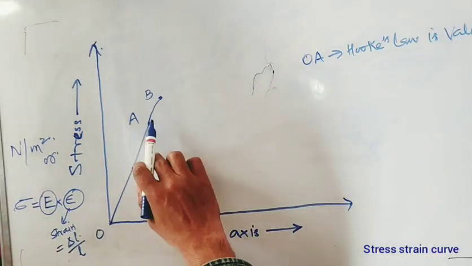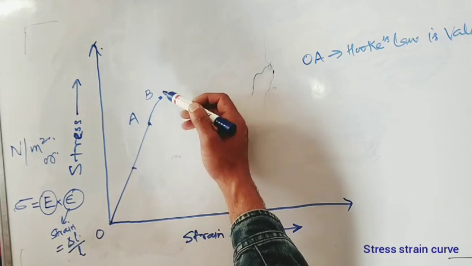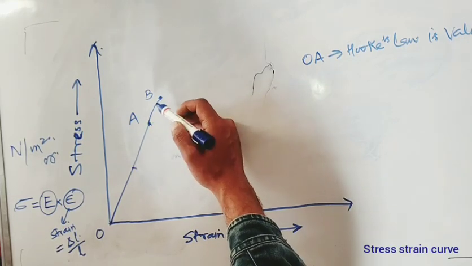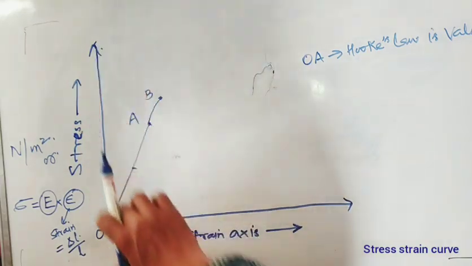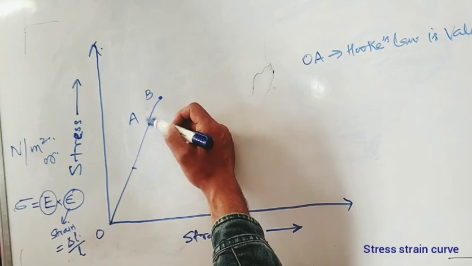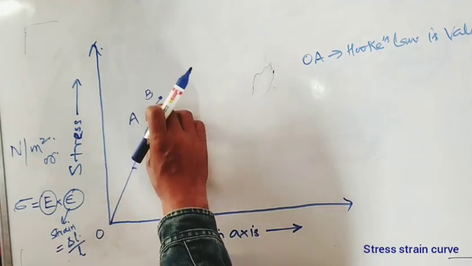Let me write it here: up to point A, Hooke's law is valid. But from A, we get a curve, and the stress is not linearly proportional. You see, at some other value of stress, we are getting more strain.